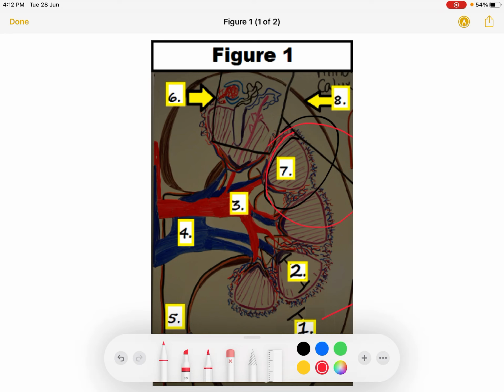One is renal cortex, 2 is renal medulla, 3 is, remember, not a renal vein, it is a renal artery. 4 is renal veins, and 5th is the ureter. 6, as you can see here, is a Bowman's capsule. 7 I have already discussed, it is a renal pyramid, and 8 is a renal capsule. So the correct answer here is renal pyramid.